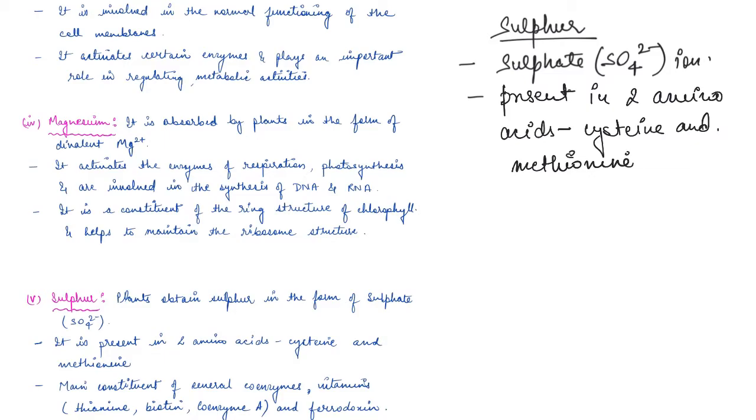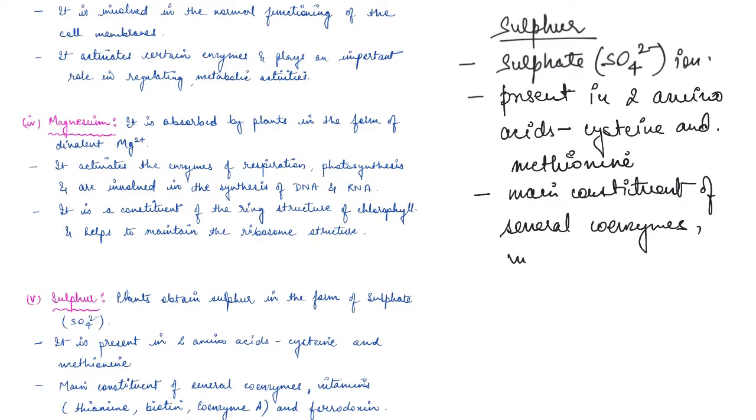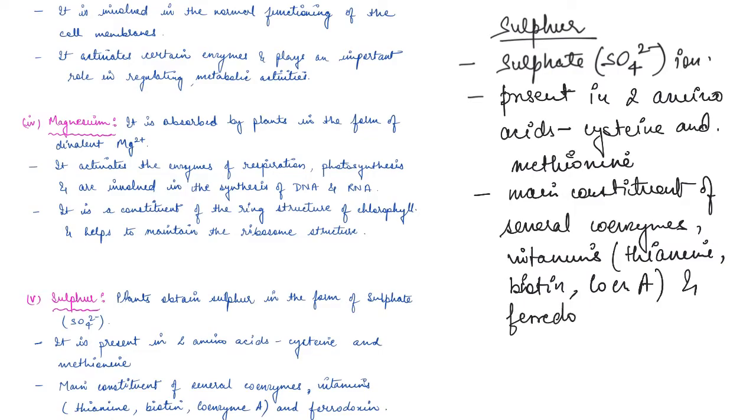It is present in two amino acids, cysteine and methionine, and the next function is that it is main constituent of several coenzymes, vitamins like thiamine, biotin, coenzyme A, and ferredoxin.